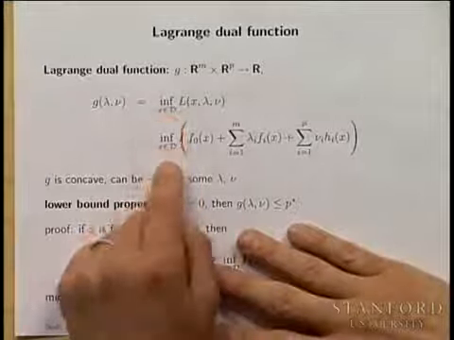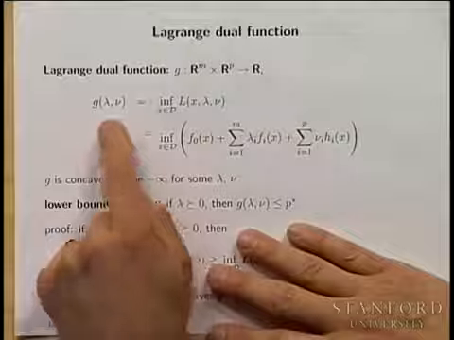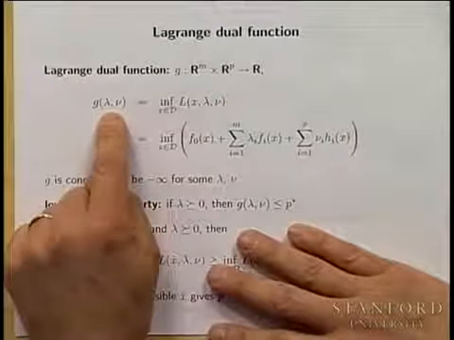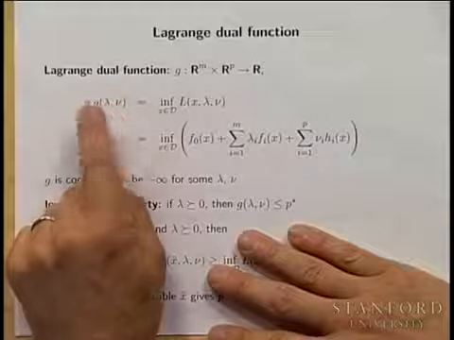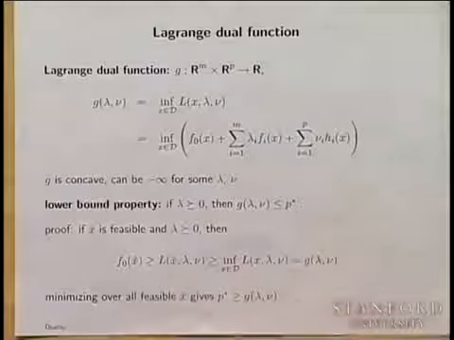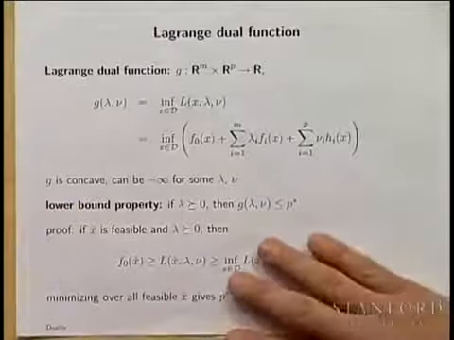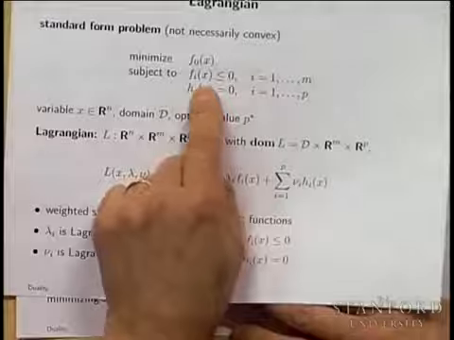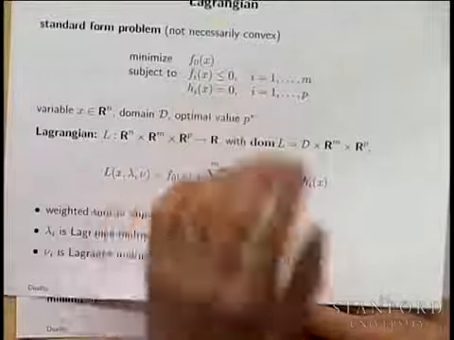Now actually it's very interesting because what it's really saying is this, and by the way it's a function now of these prices or dual variables. So there's all sorts of ways to interpret this. You can interpret this as, I don't know, the free market approach or something like that. This is the constrained approach where you simply say by fiat fi of x has to be less than 0, hi of x has to be 0.